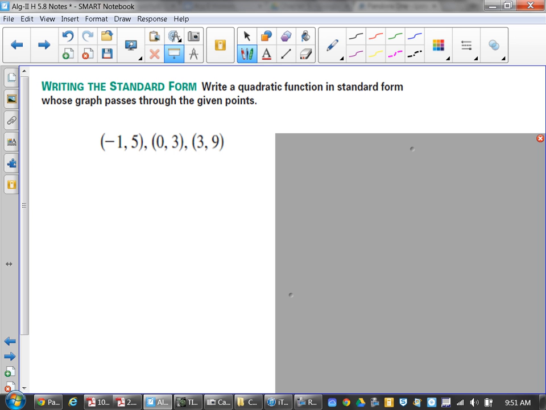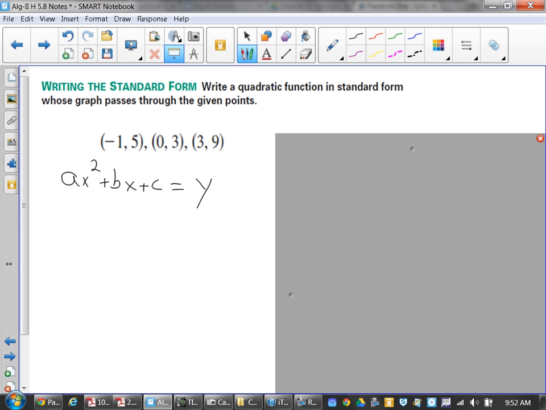I'm going to do this completely different now. I want to set this up in such a way that I'm going to write an equation of a parabola, quadratic, if I know 3 ordered pairs. When I go with standard form, it's your ax squared plus bx plus c equals y.